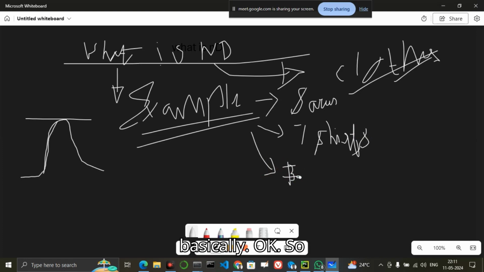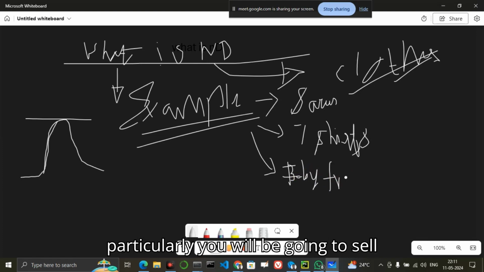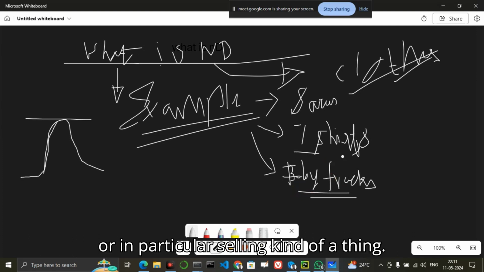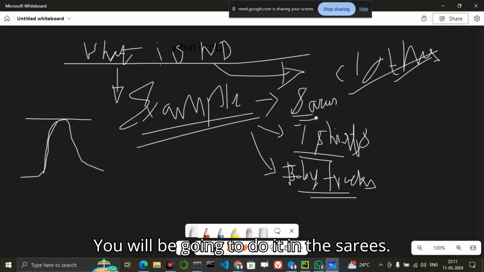So you are taking it like this. In this particular selling setup, you will sell these kinds of things.